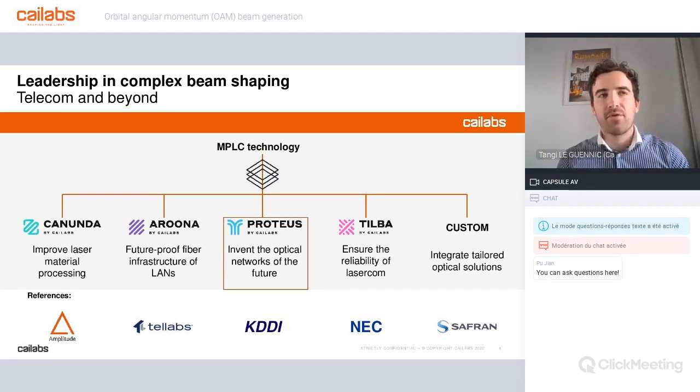Tilba is for free space satellite laser communications. And personally, I'm in charge of the Proteus product and Custom applications. Custom is not a product. It relates to specific developments for applications in defense, automotive, aeronautics, or biomedical, for example.